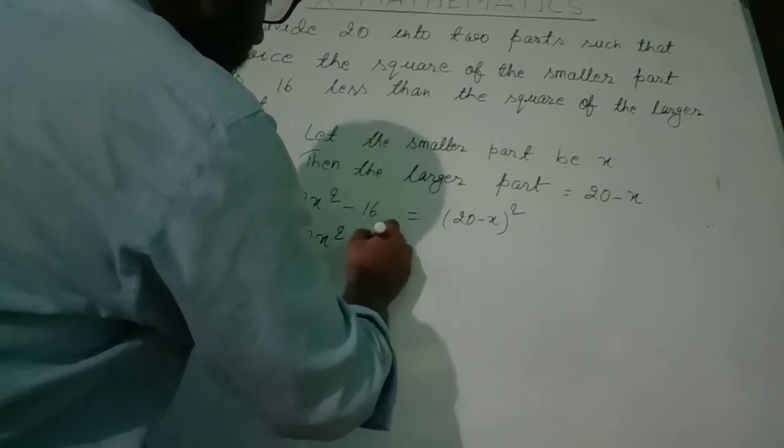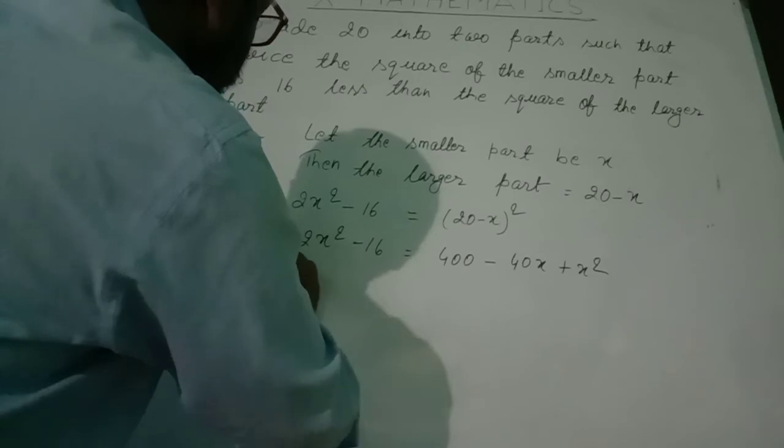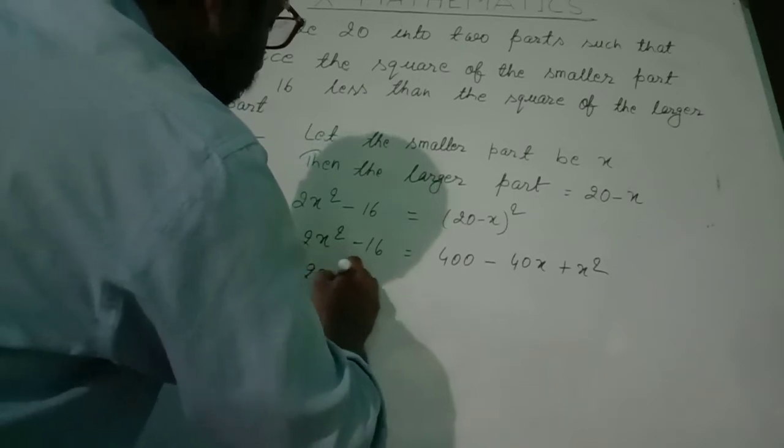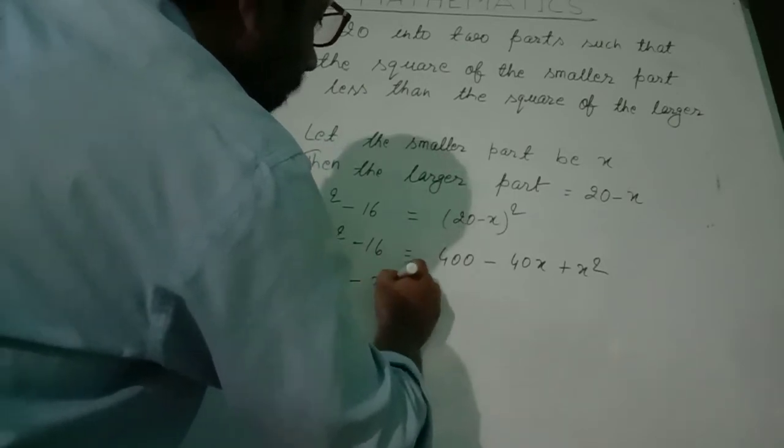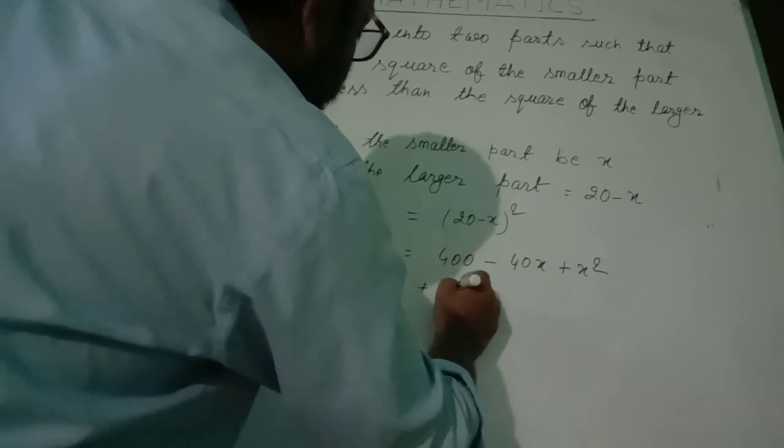2x square minus 16, equals the square of the larger part. a minus b whole square is 400 minus 40x, that is 2ab, plus x square. So we follow the transposition: 2x square minus x square plus 40x minus 16 minus 400 equal to 0.